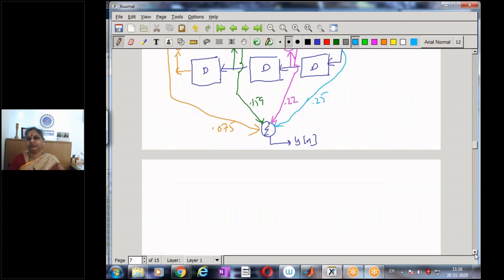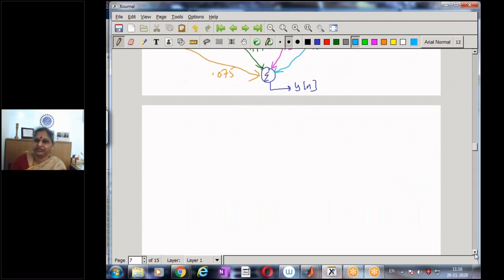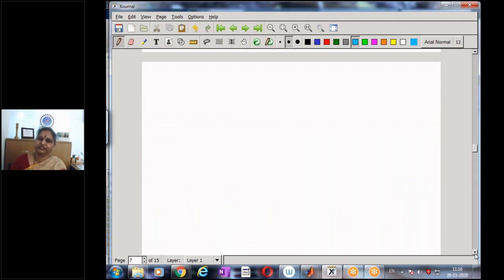So with this, we complete the design of the filter. We took the required frequency response, we computed the coefficients, and then we implemented the design. We also saw the implementation as an efficient linear phase implementation or a direct form implementation.